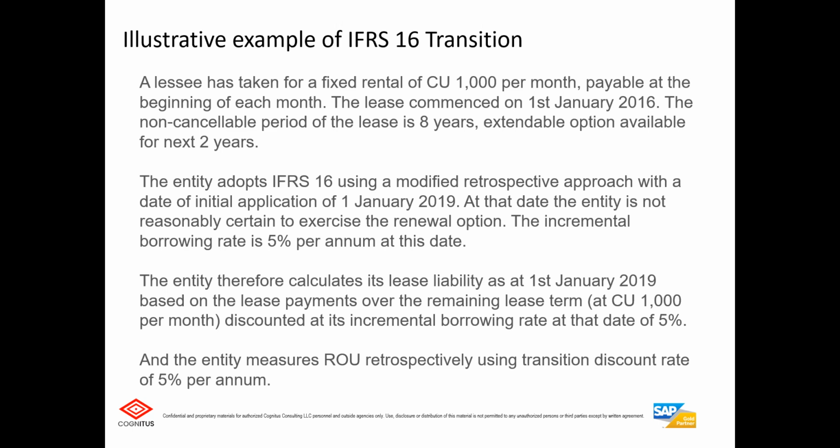Therefore, the entity calculates its lease liability at 1st January 2019 based on the lease payments over the remaining lease term at 1,000 currency units per month, discounted at the incremental borrowing rate at that date of 5%, and the entity measures the right of use asset retrospectively using a transition discount rate of 5% per year.